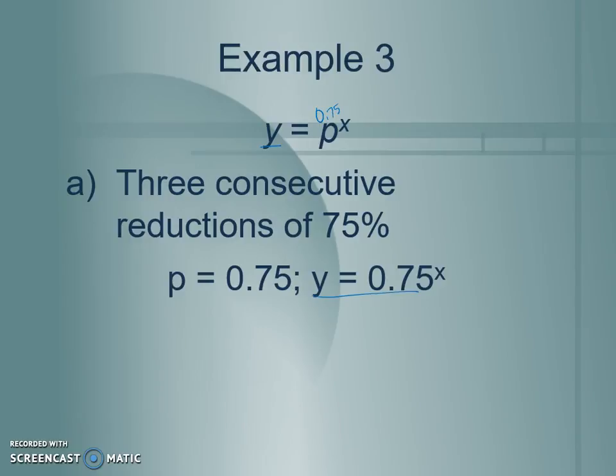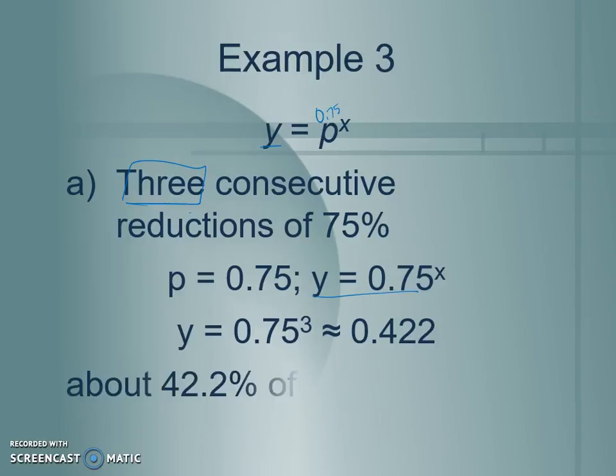And the first one says we are doing this 3 times, so 3 becomes our x value. So we take y equals 0.75 to the third power. We can punch that in our calculator. We're going to round it off, and we are going to get approximately 0.422. Or it is about 42.2% of the size of the original.